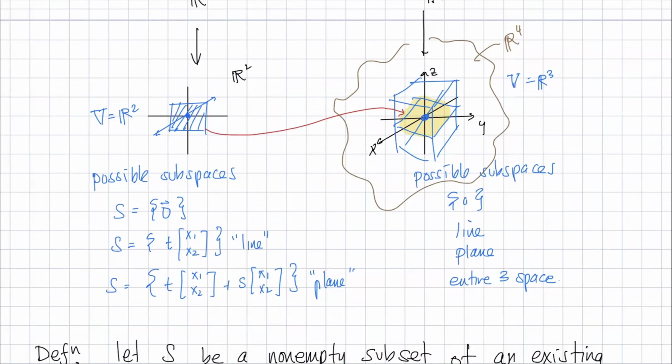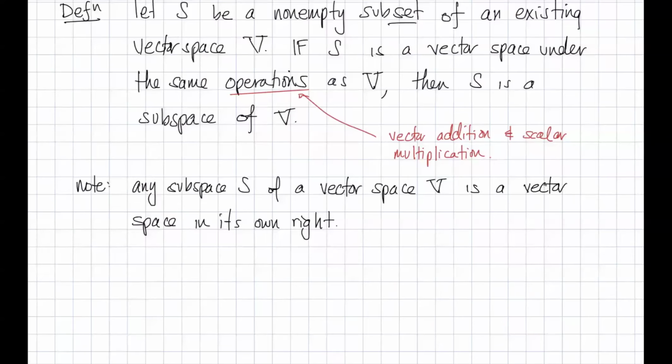You have to realize that these are just nested ideas, this nested hierarchy of dimension and vector space. So, coming back down here, that's what this statement says. If you have a subspace of an existing vector space V, then it's a vector space in its own right.